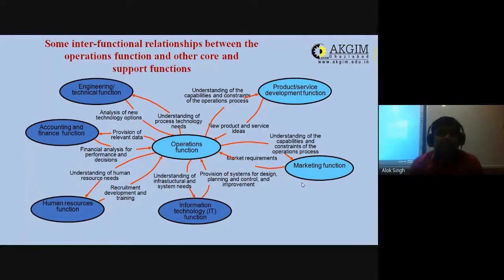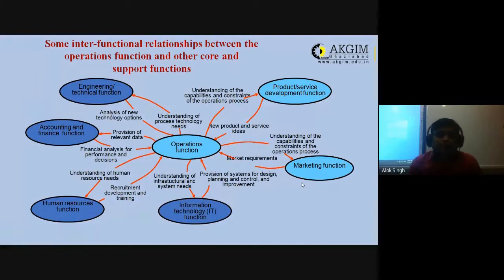Okay, next is IT. What will IT provide? IT will check understanding of infrastructural and systems need. Like in automobile, generally we adopt a CRM module. Why? Because we need to take care of the data of our customers, so that you can give them a better deal, you can grab them, you can make them loyal.